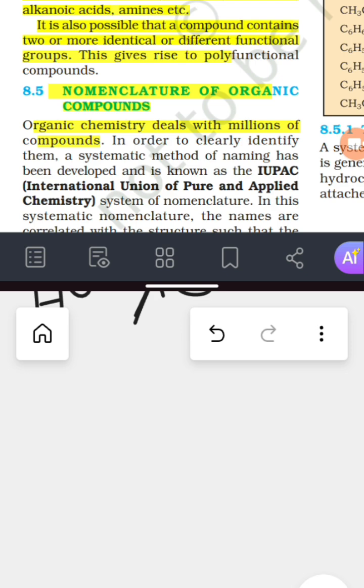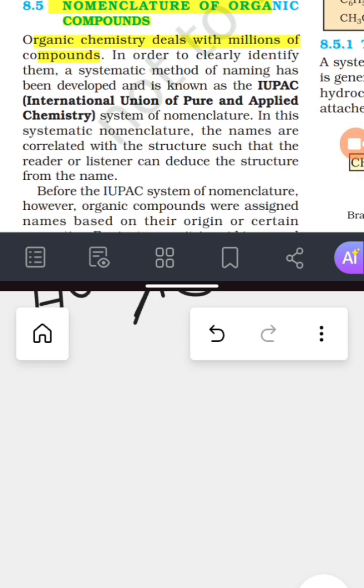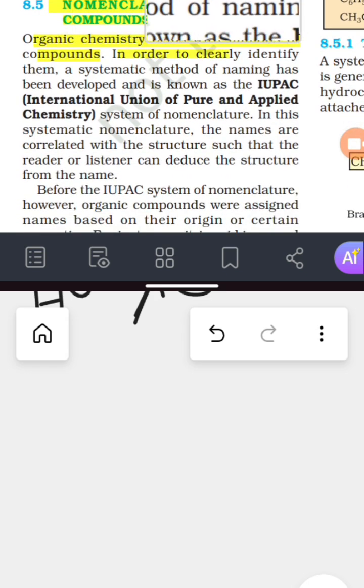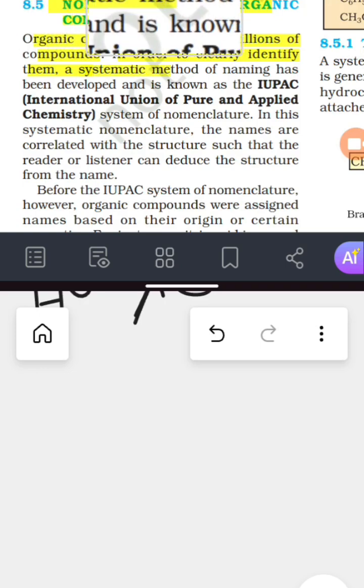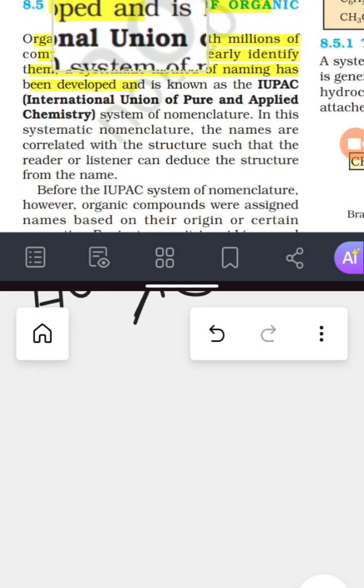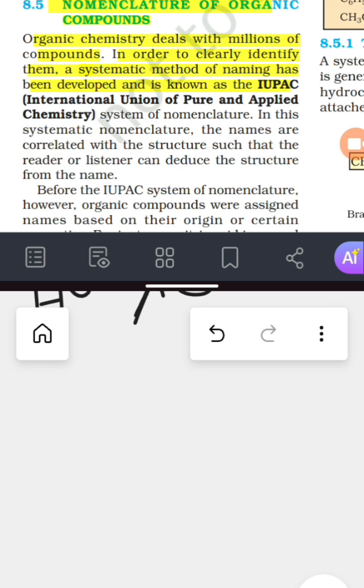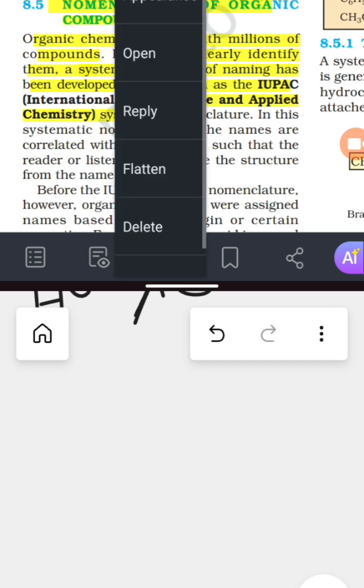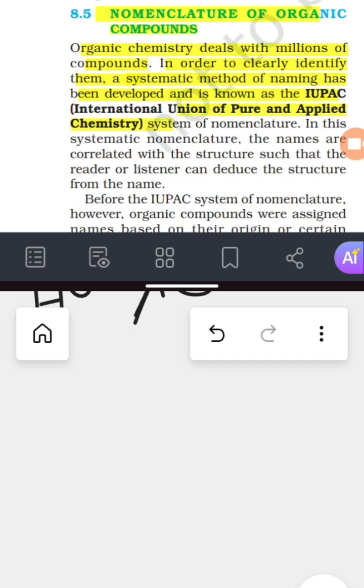In order to clearly identify and distinguish them, this is methanol, this is ethanol, this is propanol, like that, a systematic method of naming has been developed, known as the IUPAC system of nomenclature.